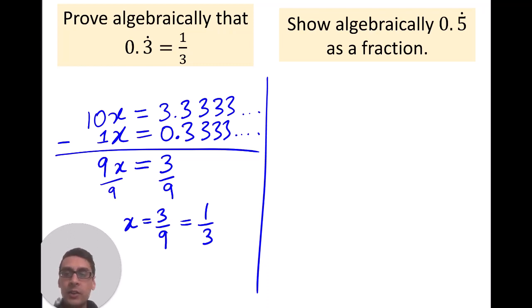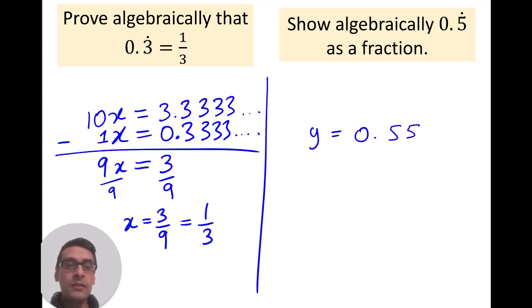Okay, so hopefully you've done the question on the right using this method, showing clear working out, and now I'm going to go through it with you. So this time I'm just going to use the letter y. Doesn't really matter which letter I choose. So y equals 0.5 recurring and 10y equals 5.5 recurring.